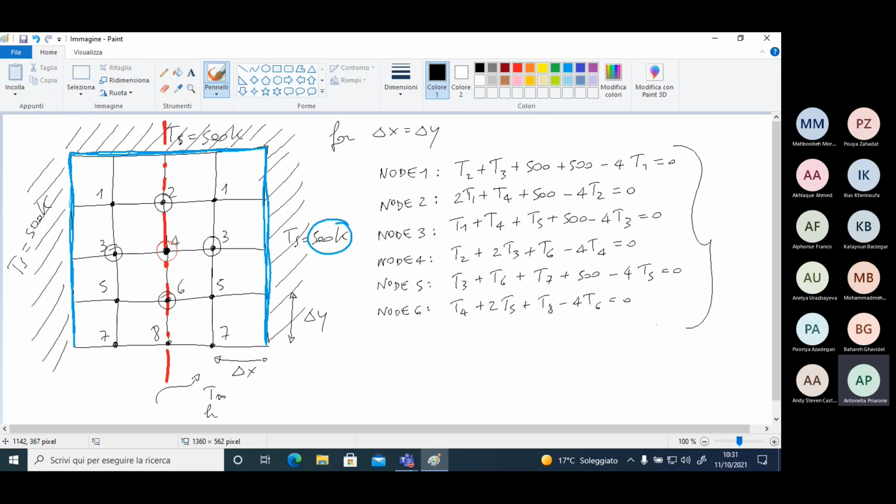These are the equations for the interior nodes.